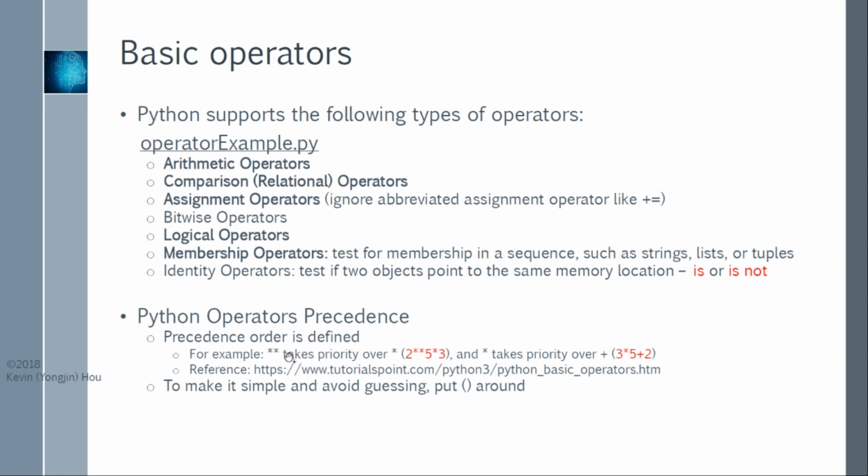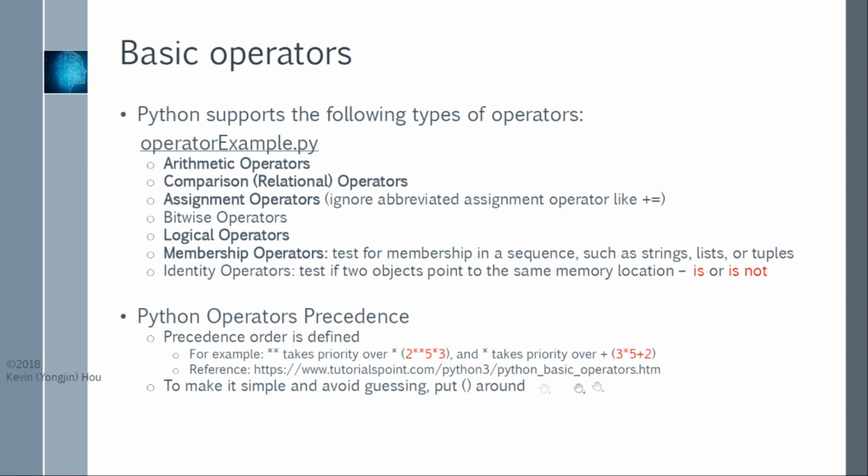Because the exponent, 2 to the 5 power, has priority, the operation will do this power calculation first before doing the multiplication. And here's another example. The multiplication has priority over plus. When I have 3 times 5 plus 2, the multiplication will happen first, then the addition.